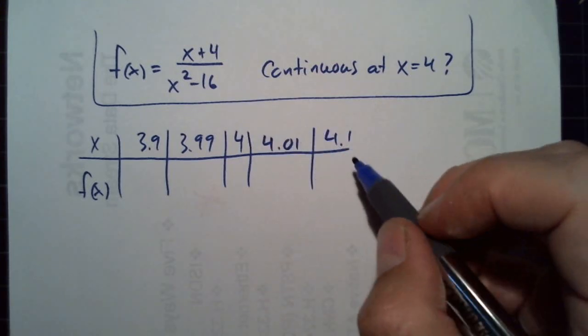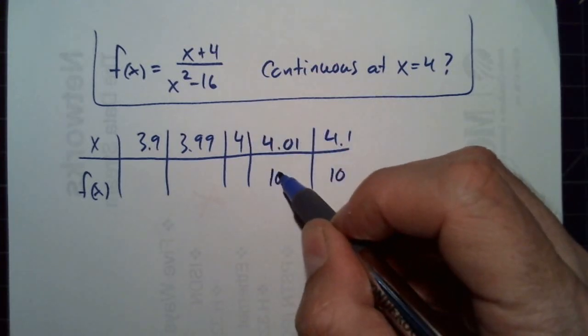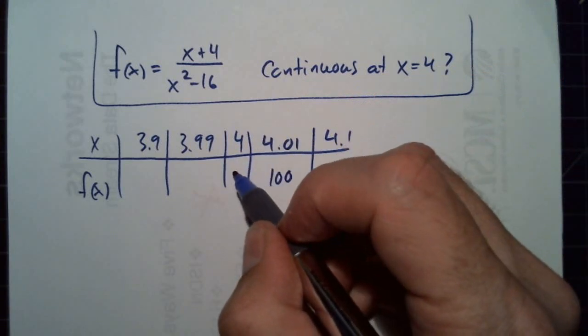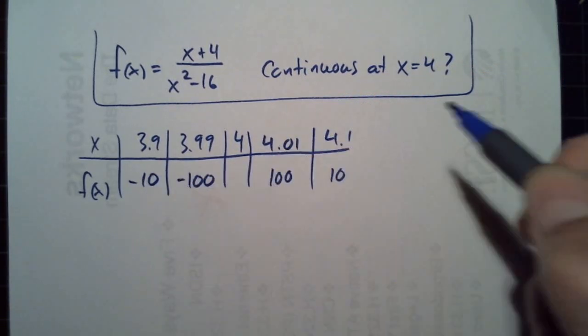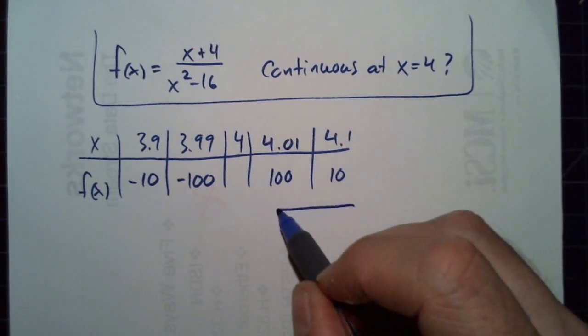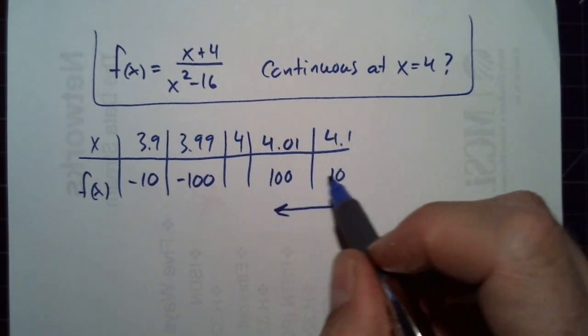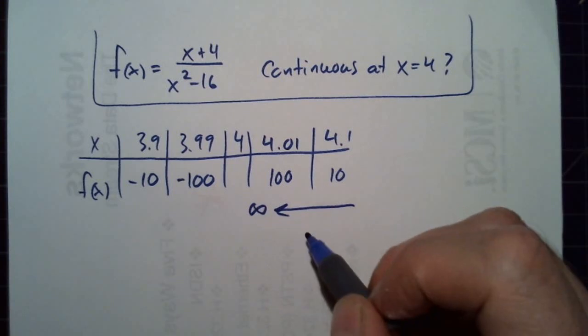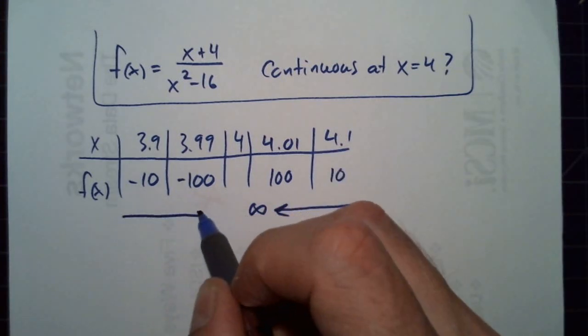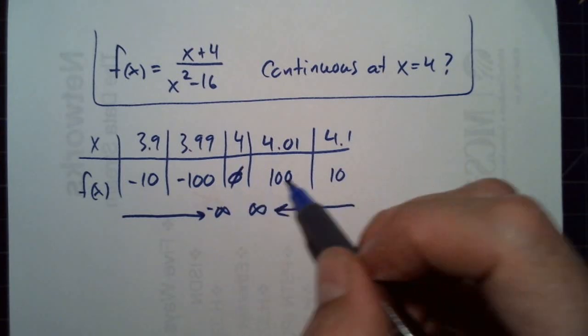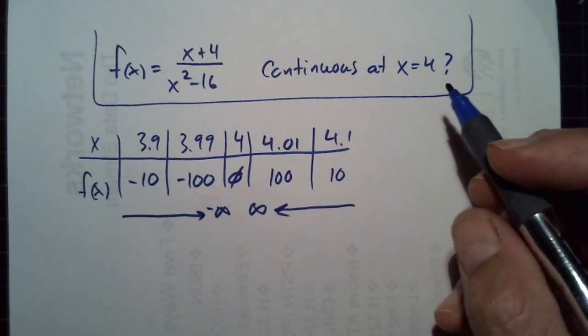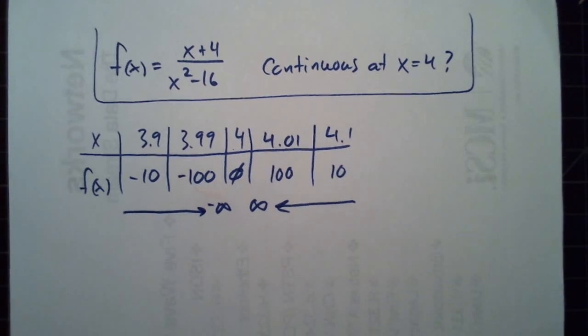Use a calculator, find these values. Undefined. So we look for the limit from the right. It looks like it's going to positive infinity. From the left, it looks like it's going to negative infinity, and that's undefined. So that looks like a vertical asymptote.